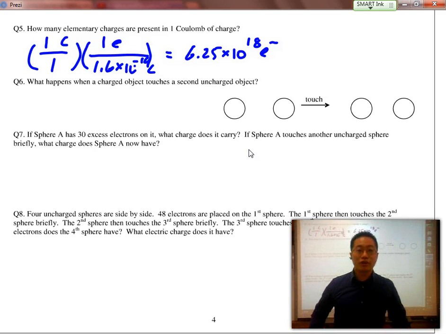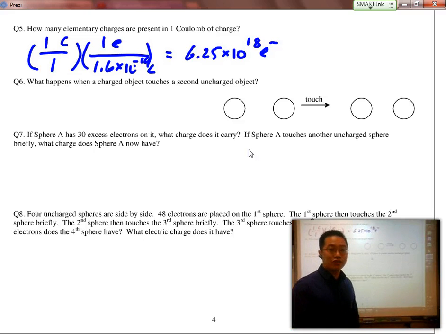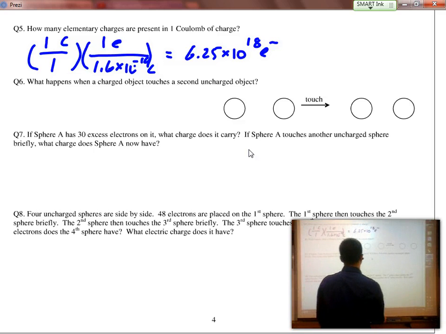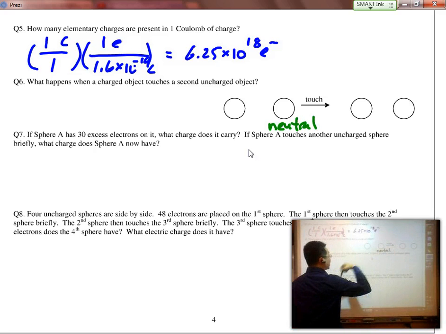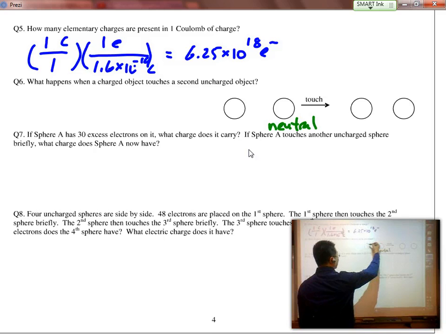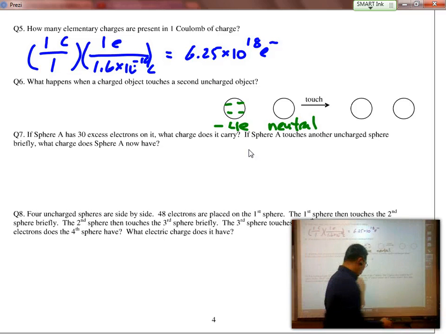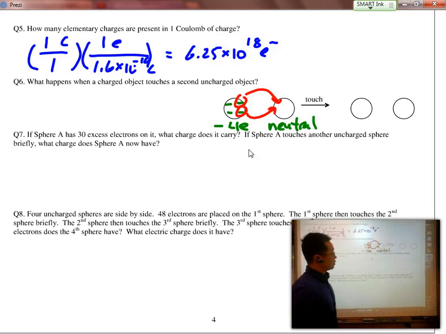So, whenever we talk about conduction and about the transfer of charge from one object to another, we're talking about transferring a specific number of electrons, a specific amount of charge from one object to another. For example, if we have a neutral sphere with a sphere that has an excess of 4 electrons, so 1, 2, 3, 4 extra electrons, so negative 4e. That means that when I touch the two of them together and I separate it, 2 of those electrons are going to jump over onto that neutral sphere.